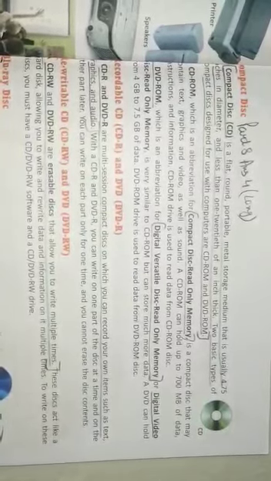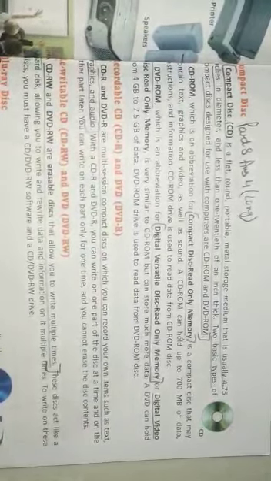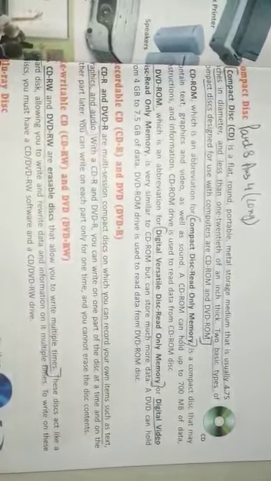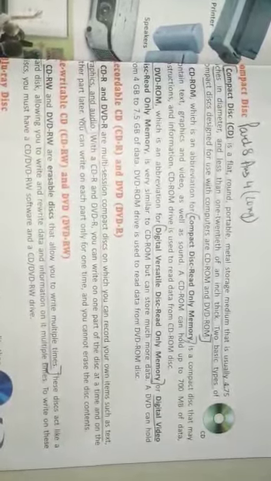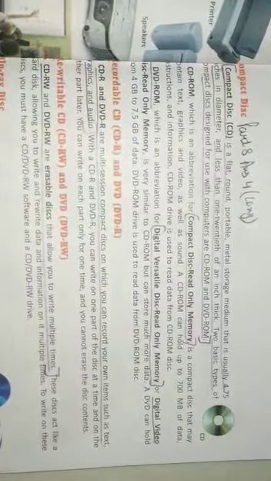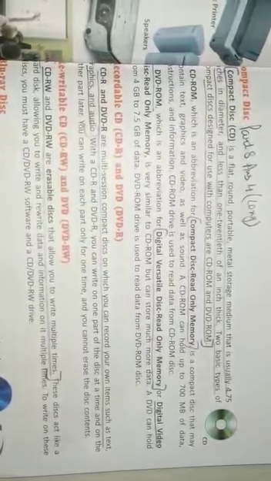Starting from here, a compact disc is a flat, round, portable metal storage medium that is usually 4.75 inches in diameter and less than 1/20th of an inch thick. Two basic types of compact disc designed for use with computers are CD-ROM and DVD-ROM. You have to write the full form of CD-ROM and DVD-ROM here.